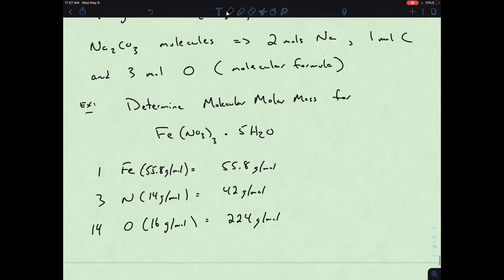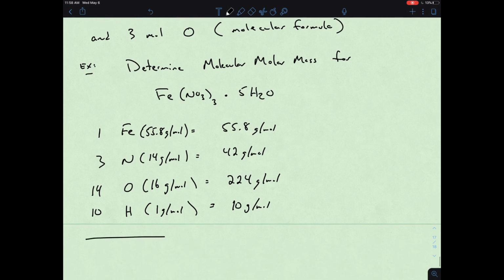And then lastly, we have our hydrogen. And we have 10 of them, or a total contribution of 10 grams per mole.